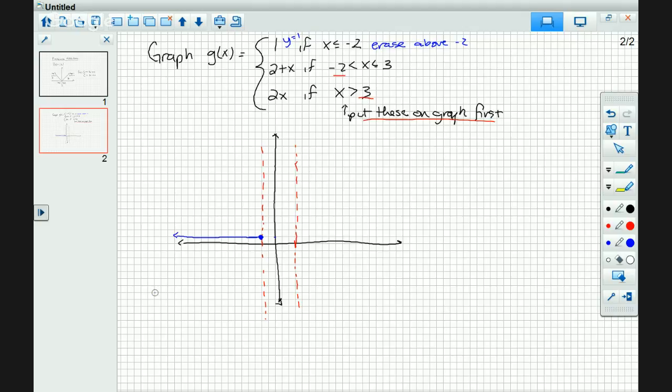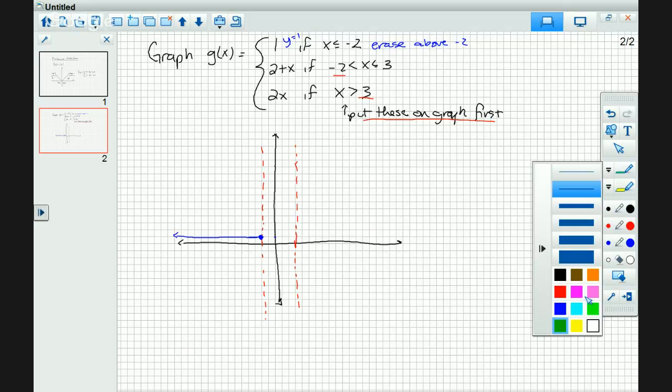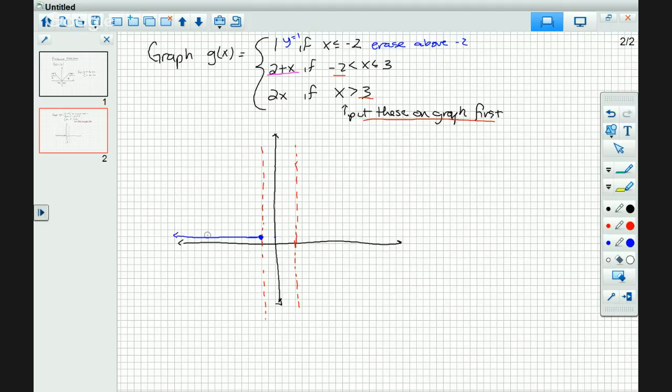2 plus x. The y-intercept is 2. So we have y equals x plus 2. You can graph that out again. So 2, and then the slope is 1. If it works for you, you can draw the whole line.